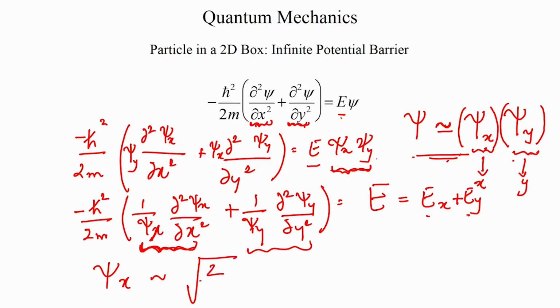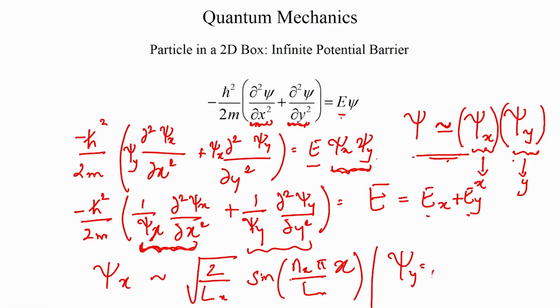It should be of this form: square root of 2 by Lx sine of nx pi by Lx into x, and psi y will be of the form square root of 2 by Ly sine of ny pi by Ly into y.